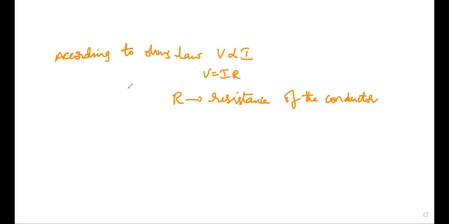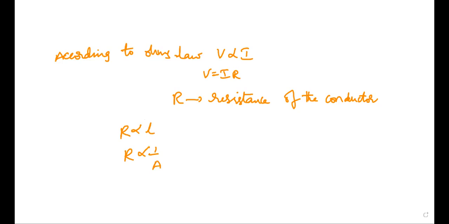So the resistance of a given conductor is directly proportional to length and inversely proportional to area.